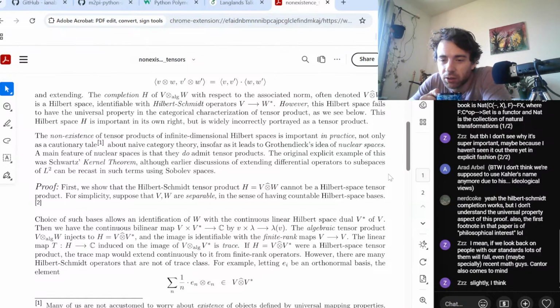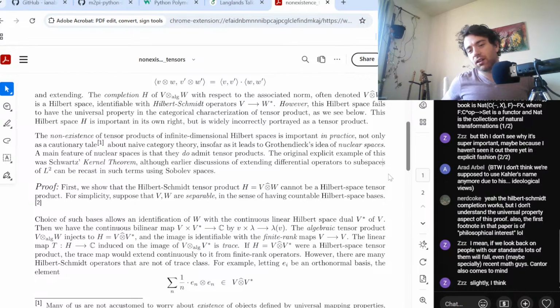If we look back on people with our standards, lots of them will fall. Even maybe especially recent math guys. Cantor also comes to mind. Really, I didn't know anything about Cantor being sus. Yeah, I think that is true. But I don't know, it's complicated.